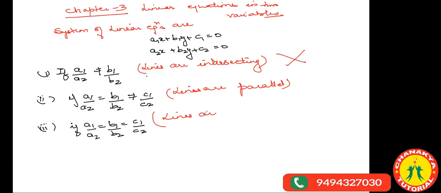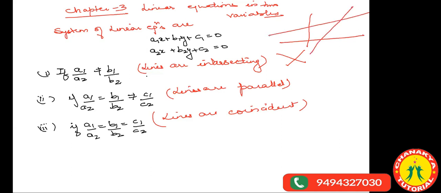Ma'am, can we also call it intersecting curves? Intersecting means they will intersect. Suppose on a graph paper, you have drawn a line, one line like this and second one like this. Now it intersects at this point, that means where it meets.